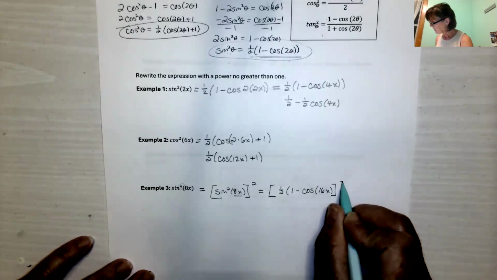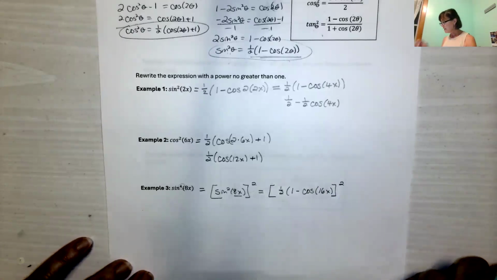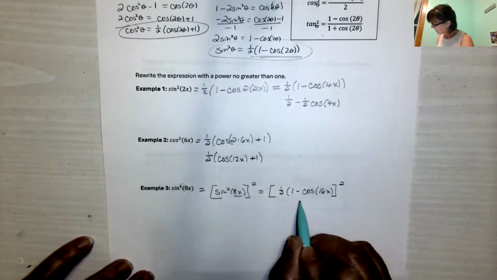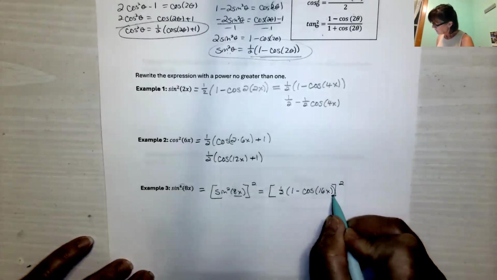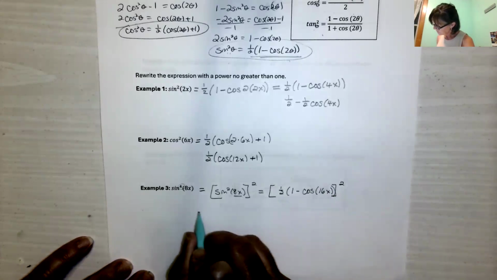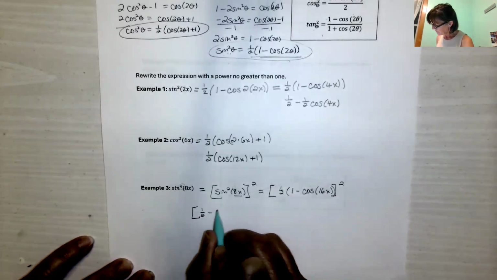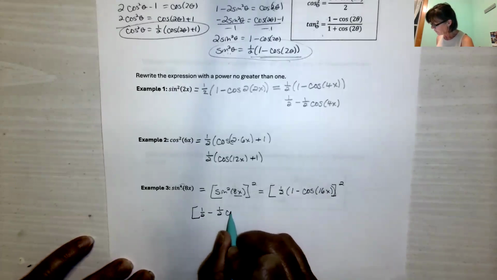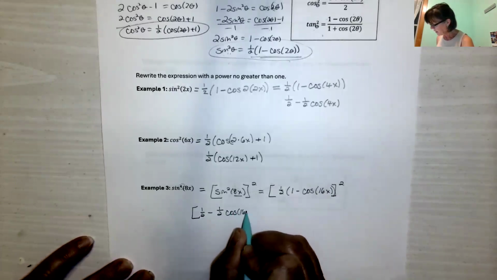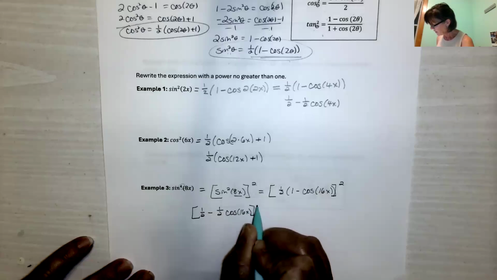And now this is being squared. All right. Well, let's see. What I'm going to do this time is distribute this 1/2. So this is going to be 1/2 times 1 is 1/2 minus 1/2 times the cosine of 16x. And this whole thing is being squared.